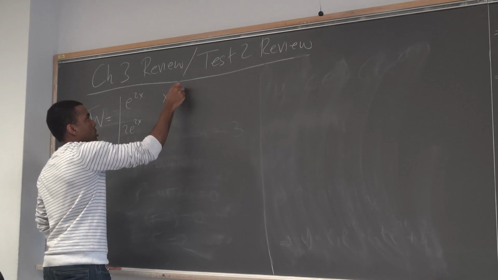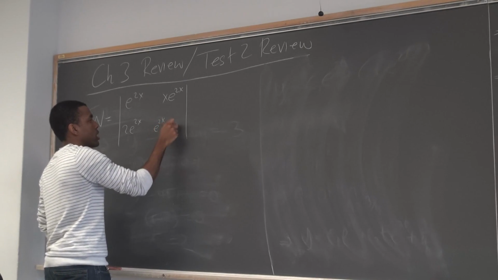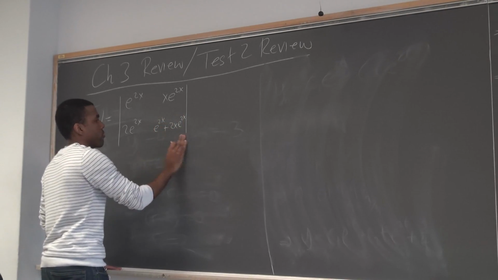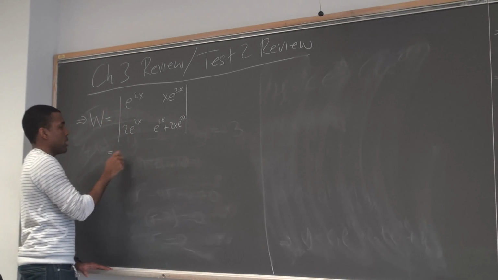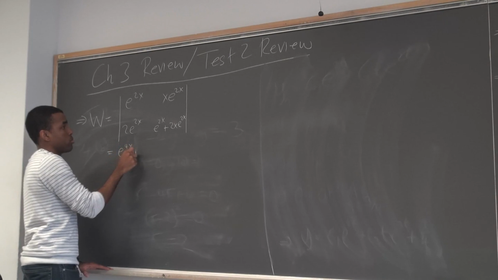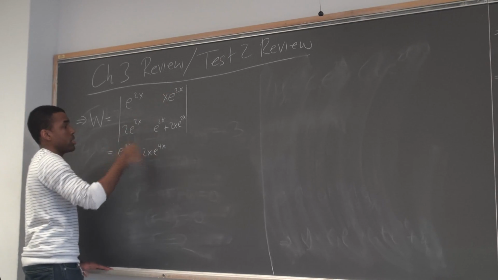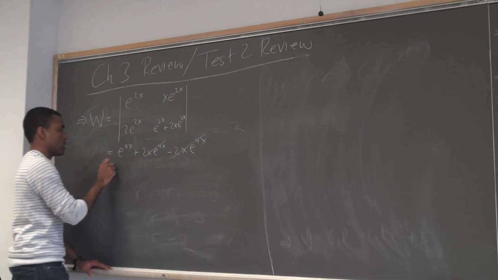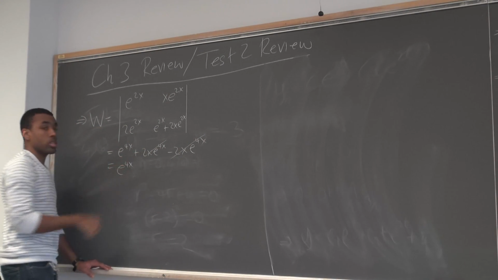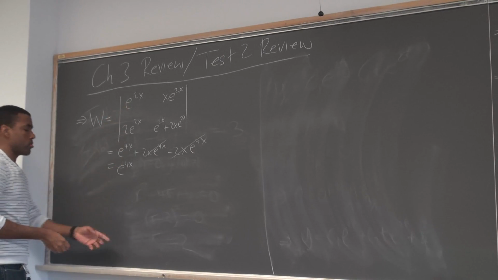Then x e to the 2x, its derivative is e to the 2x plus 2x e to the 2x. So this times that, I get e to the 4x plus 2x e to the 4x minus 2x e to the 4x. These cancel each other, so the Wronskian is just e to the 4x, which is very typical.